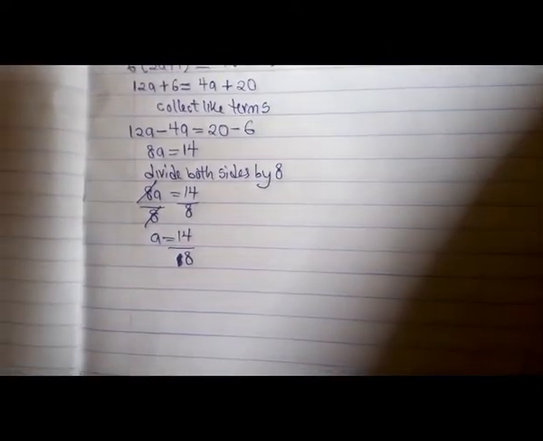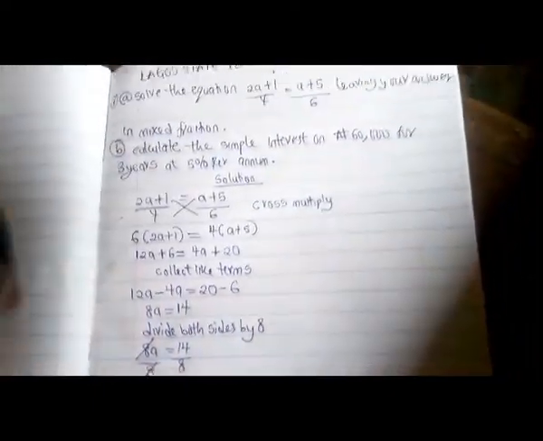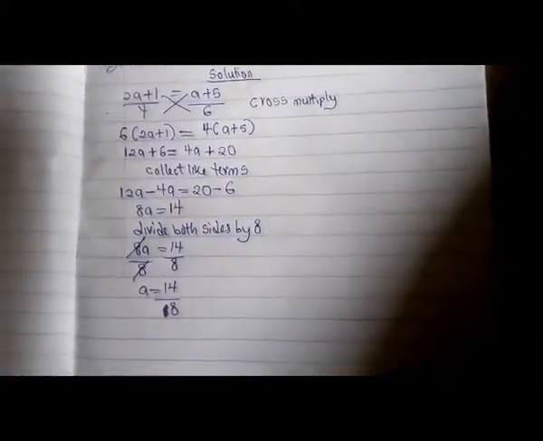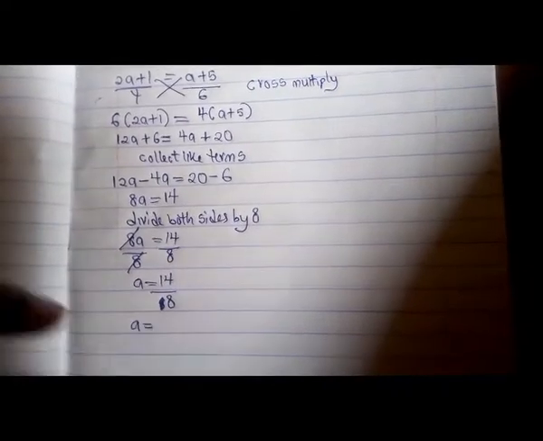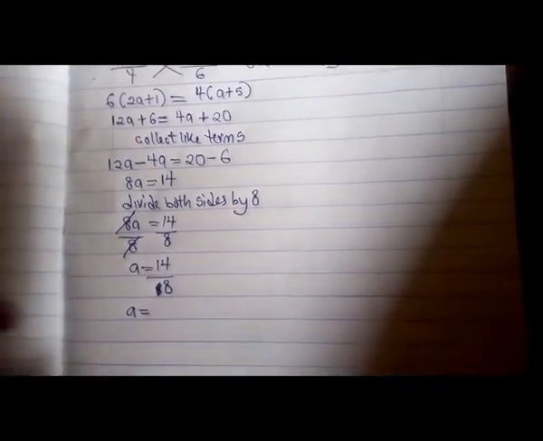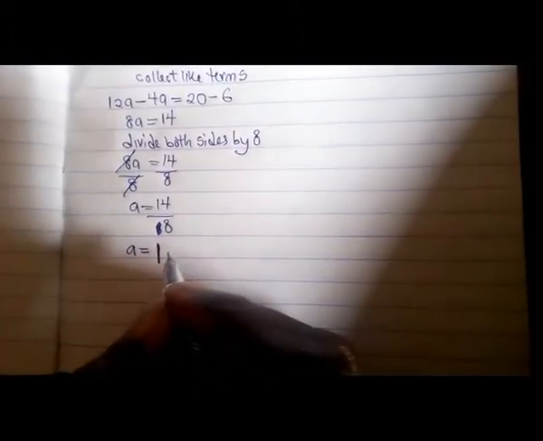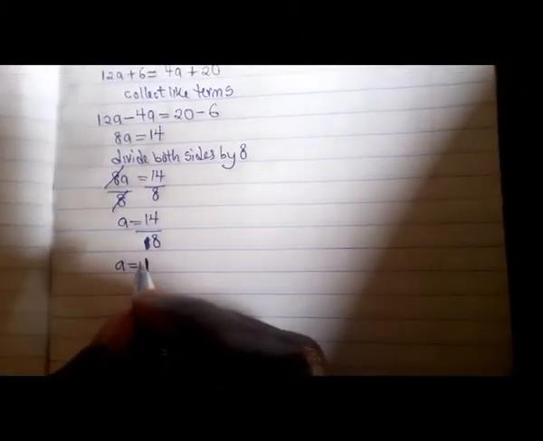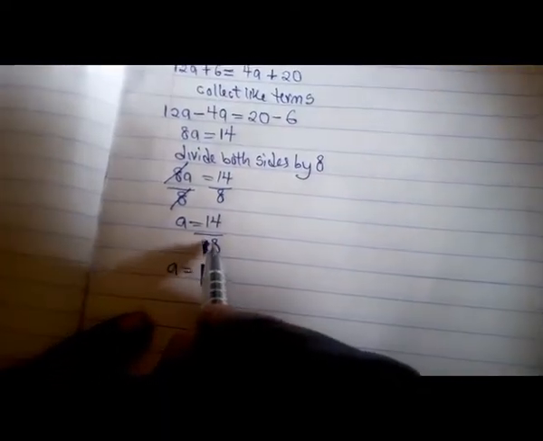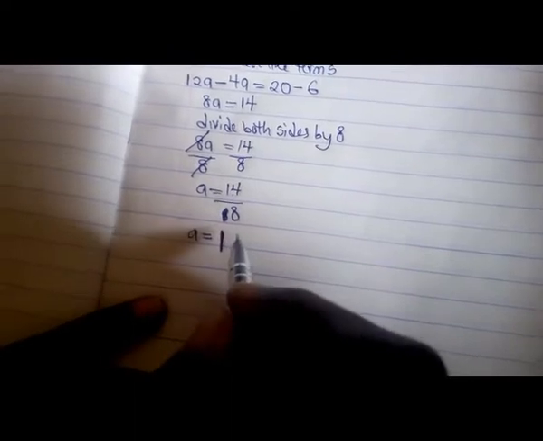They said we should leave our answer in mixed fraction, so we have to convert this into a mixed fraction. 8 in 14 is 1. To get the remainder, we minus 8 from 14, so 14 minus 8 is 6.